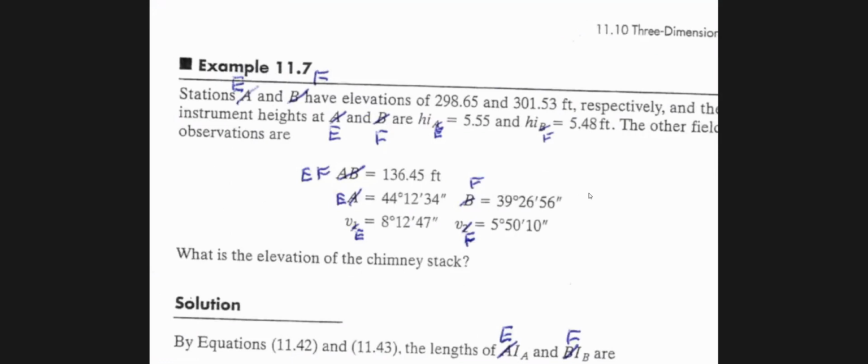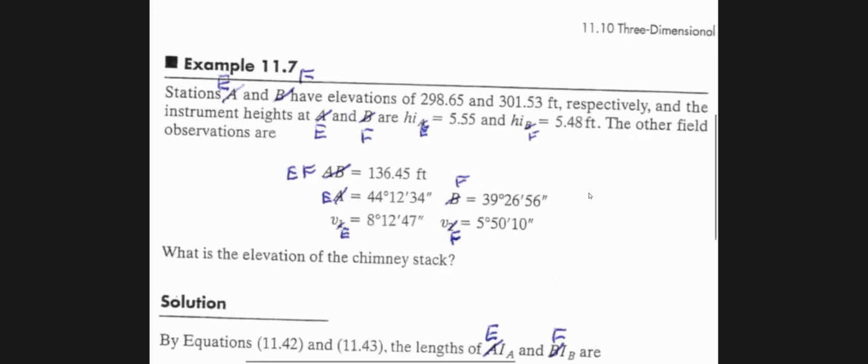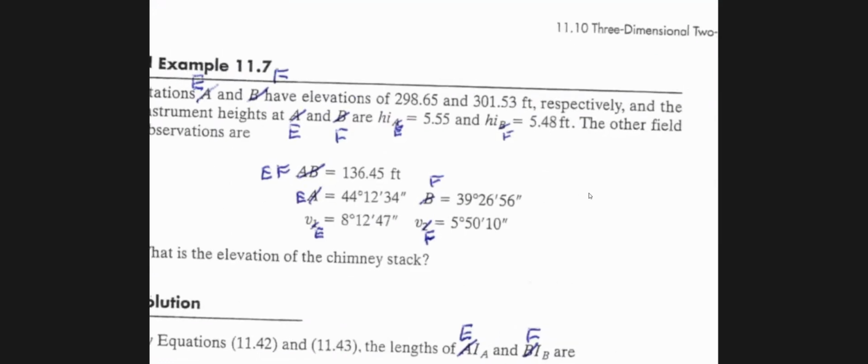Realize here, though, that the sample numbers that they're using, in other words, the HI of 5.55 and 5.48 at the top, you're not going to use those. You're going to use the HI that were given on page 3 of exercise 11.pdf that I showed you before the Zoom meeting went dead.